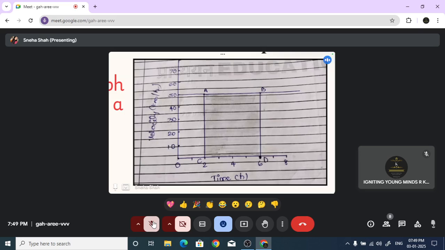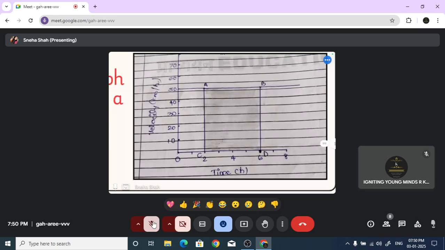I ask this question, does it mean that the object is steady? If the velocity is not increasing, does this mean that the object is steady and it is not moving?